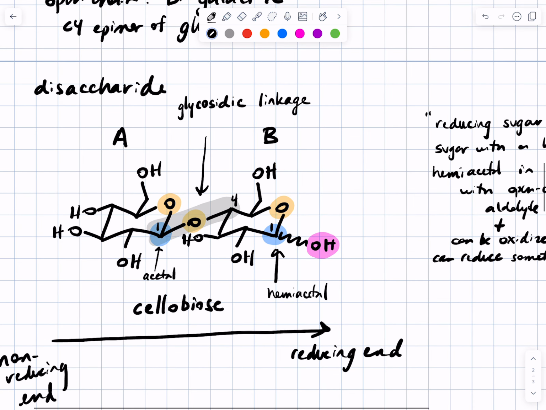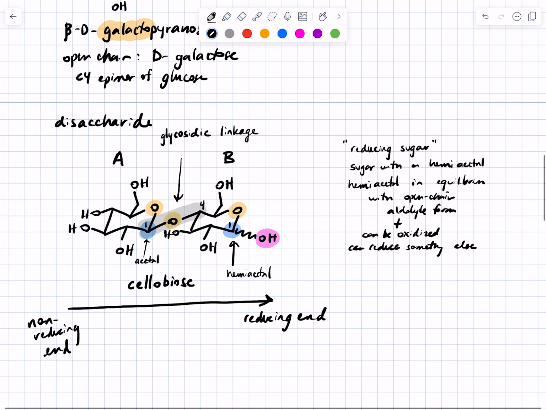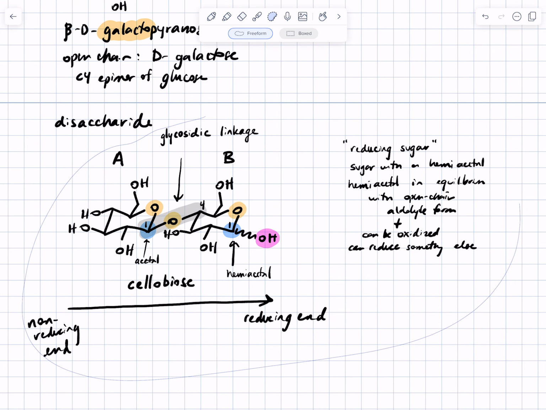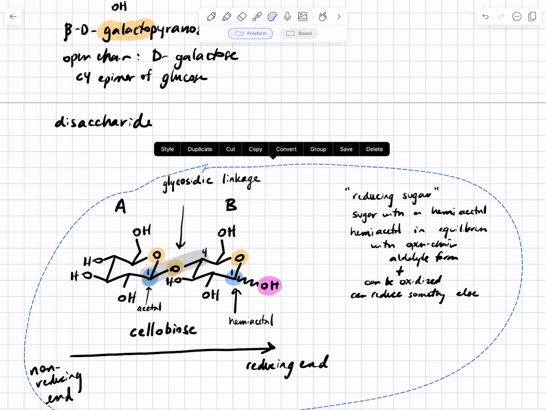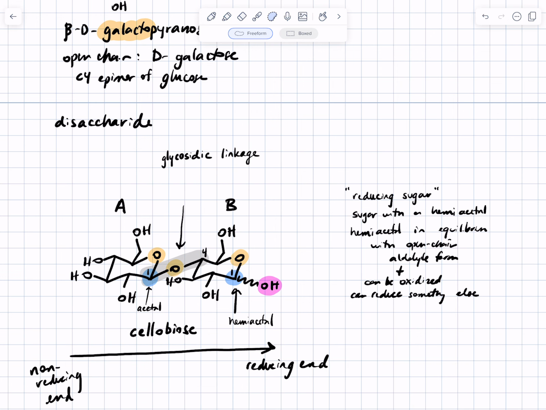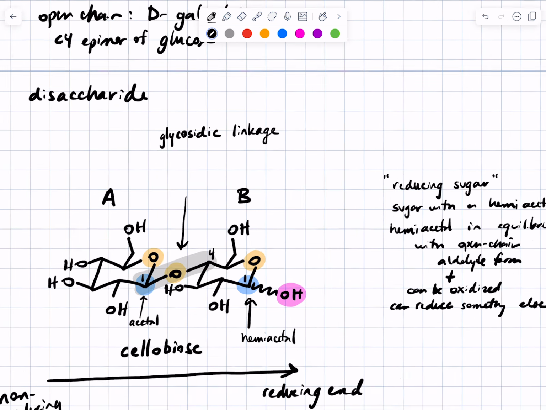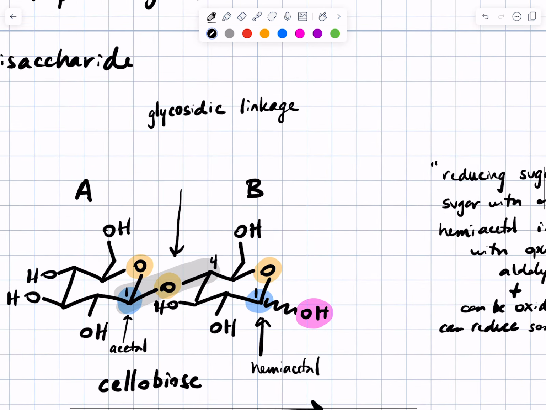And we describe that glycosidic linkage with the numbers of the carbons that are involved, starting with the acetal end of the sugar. So in this case, that is C1. And then we draw an arrow pointing to C4.